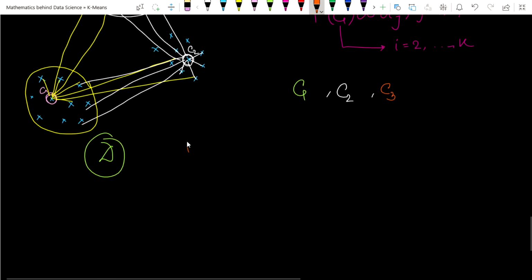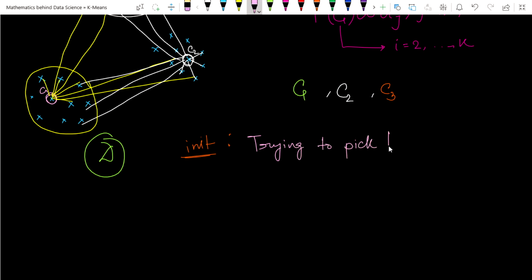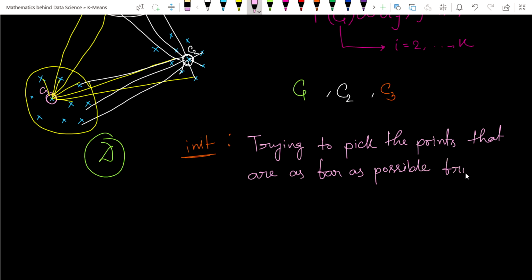So in the initialization stage, with this technique, we will try to pick the points that are as far as possible from the other centroids.